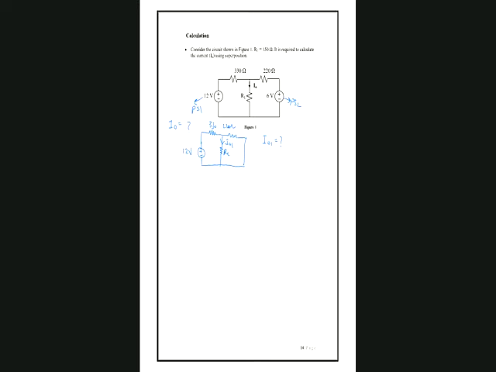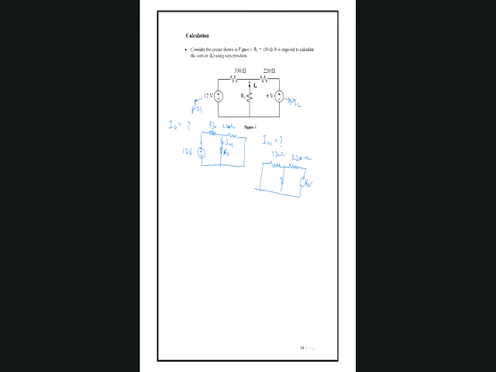Then next you have to find out I02. How? This time you will short circuit this 12 volt source. Here you will have RL, and here you will have 6 volts, 220 ohms, and 330 ohms.